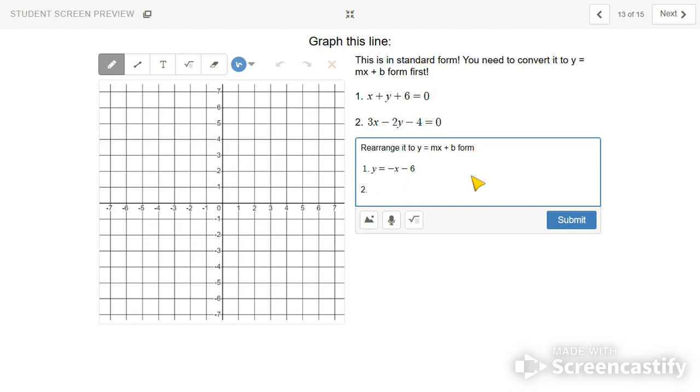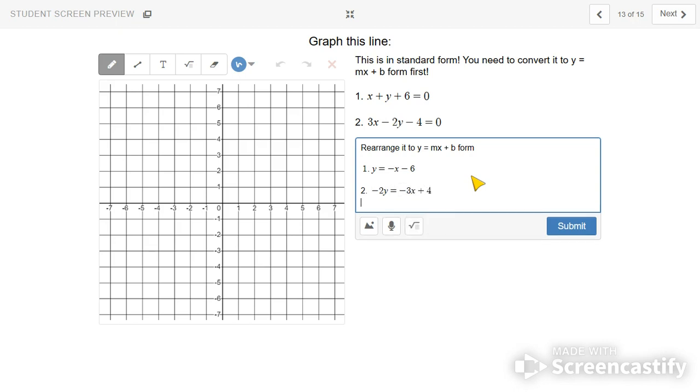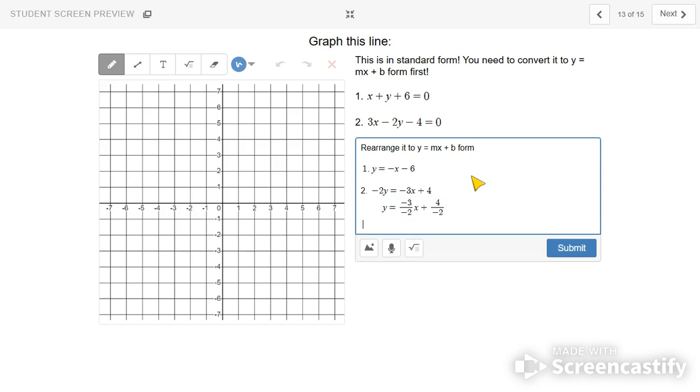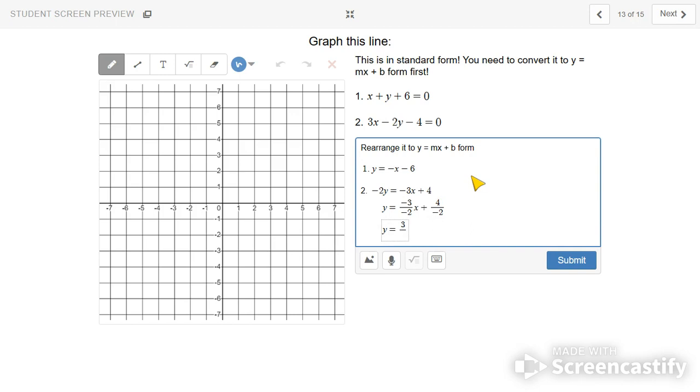The second equation is a little more involved. -2y = -3x + 4. And then we're going to divide both sides by -2. So we have 3 over 2x - 2.